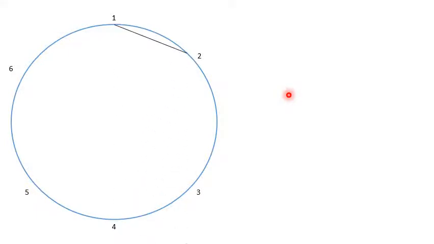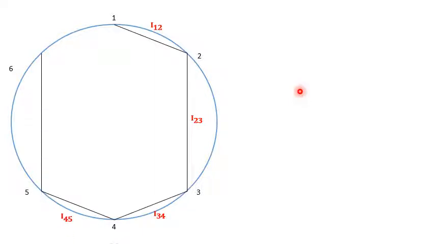So 1 and 2 are connected, therefore join 1 and 2 and this becomes I12. Now join 2 and 3, this becomes I23. Next join 4 and 3, this is nothing but I34, and join 4 and 5, the instantaneous center is I45. Join 5 and 6, it becomes I56.